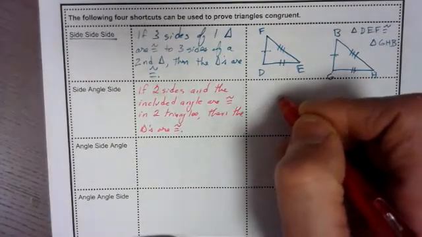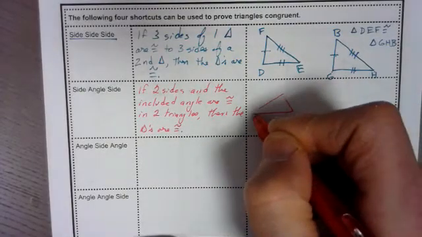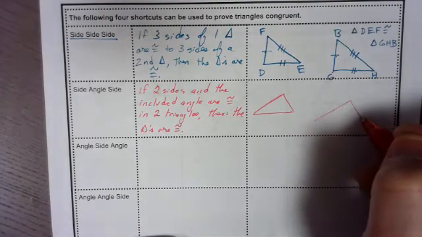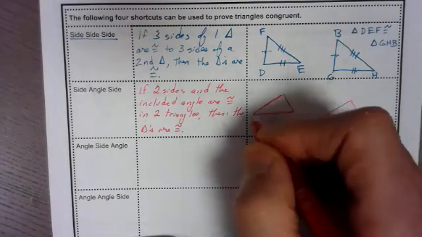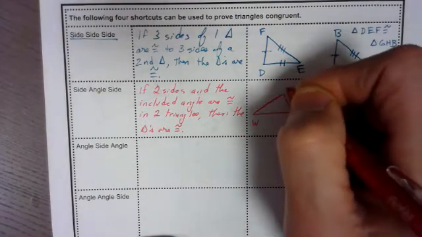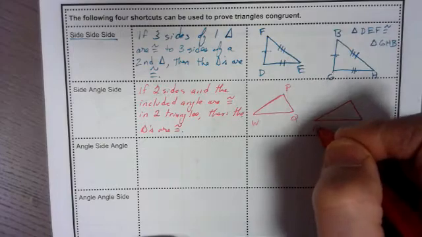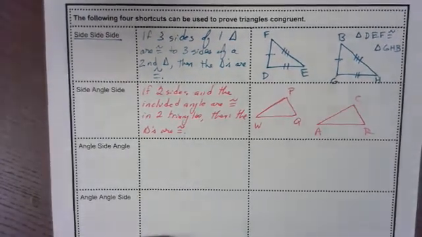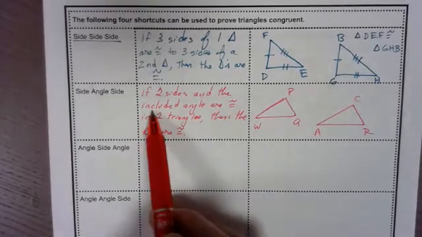So here we've got our triangles. And notice I'm drawing different types of triangles for each of these diagrams. All right, so now we have WQP and ARC. Now, 2 sides and the included angle.